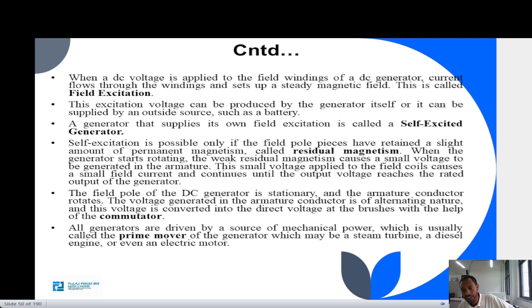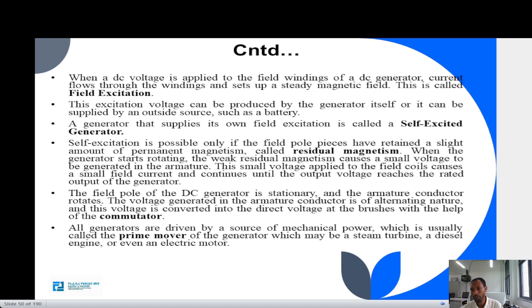What does it mean? A self-excited type is possible only if the field pole of that machine is a permanent magnet. If the machine has a permanent magnet, there is a flux. If there is a flux, and if we are able to move the prime mover or apply rotation, and you have a conductor on the field winding, then by Faraday's principle it is possible to induce the voltage.